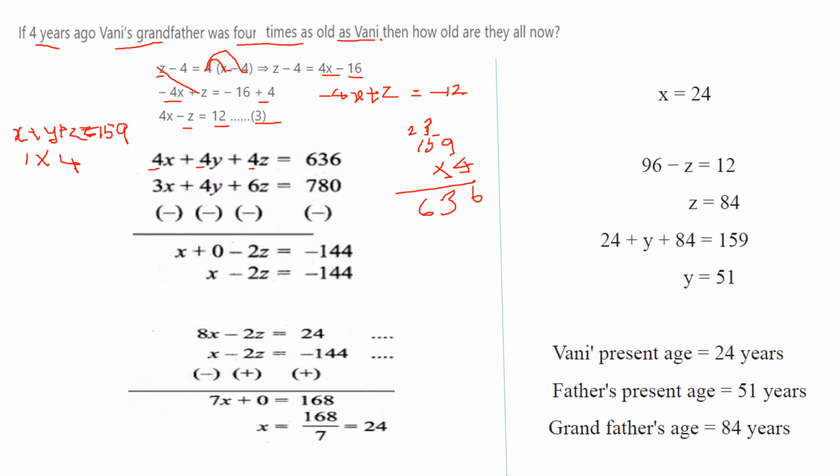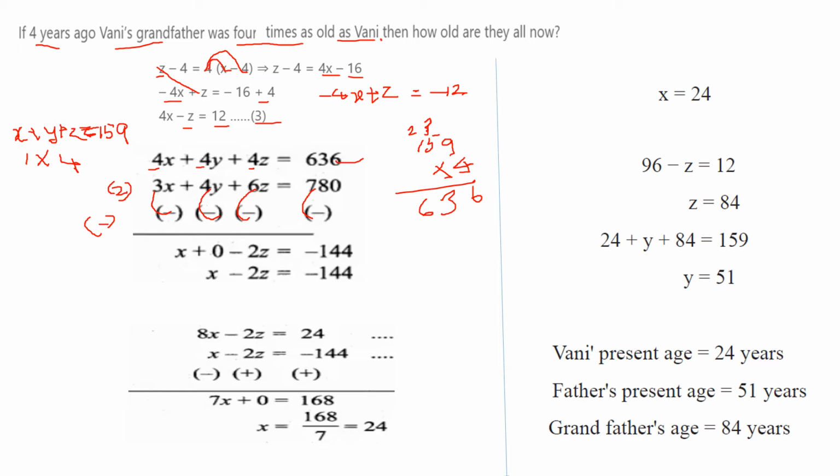Next write second equation. 3X plus 4Y plus 6Z equal to 780. So here you subtract. Subtract means we have to change the second equation sign. So minus 3X, minus 4Y, minus 6Z, and plus 780 goes to minus.